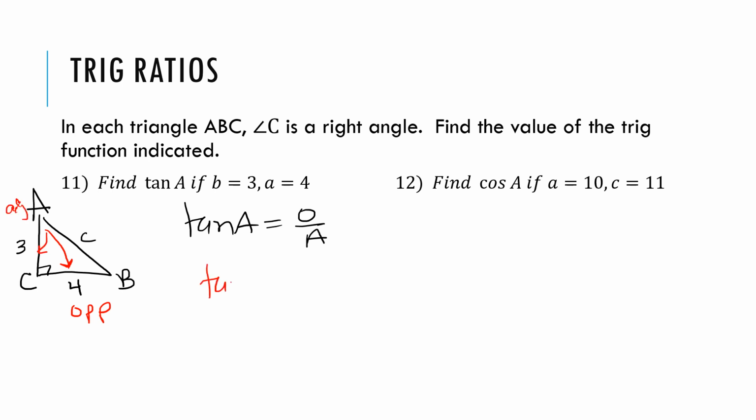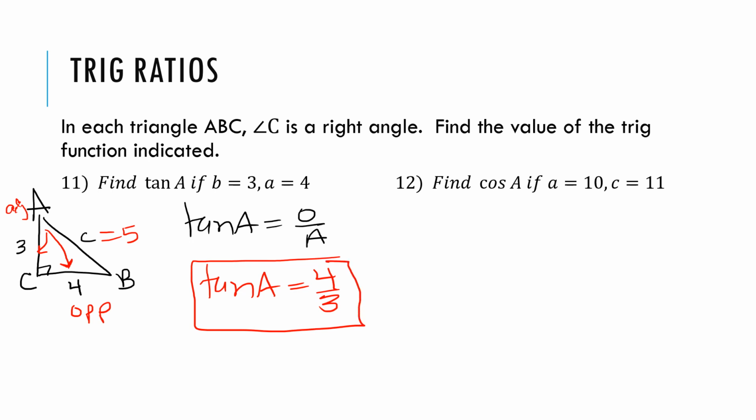So in this case, we don't have to do the Pythagorean theorem. You could solve and find that the hypotenuse is 5, but it's unnecessary, so save yourself a little bit of work. Tangent of angle A is 4 over 3. And again, the Pythagorean theorem: 3 squared plus 4 squared equals c squared. 9 and 16 give us 25, so c squared equals 25 and c does equal 5. Just a quick check for those of you that like to know for sure it works.